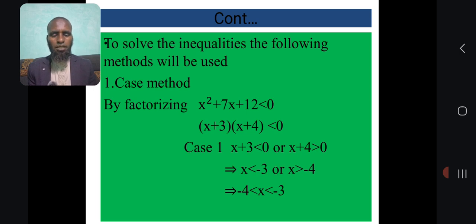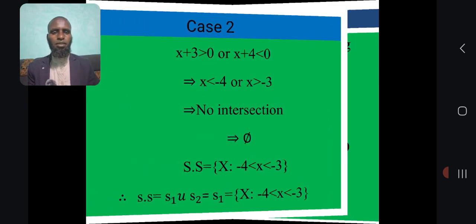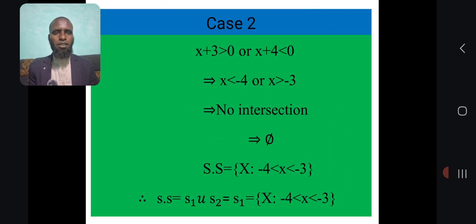When you come to the second case, x plus 3 greater than 0 and x plus 4 less than 0, this implies that x less than minus 4 and x greater than minus 3.